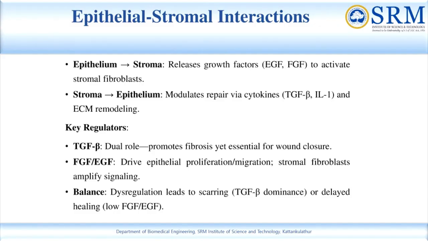When there is a dominance of the TGF beta signal, excessive ECM deposition, scarring, and tissue contracture can take place. Whereas a low FGF EGF signal can lead to impaired epithelial closure, chronic wounds, and also the infection risk is very high.